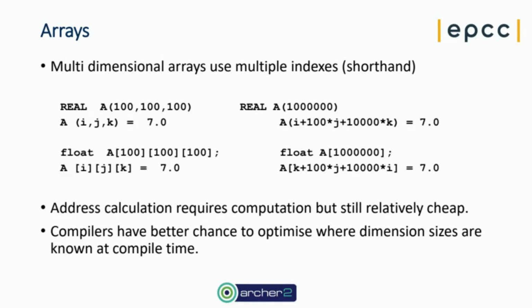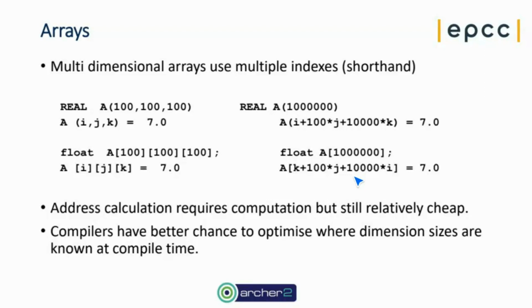The address calculations require some computation, but compilers are actually pretty good at optimizing that. Doing this kind of flattening into one dimension in C is still a reasonably common idiom that you see in C codes.